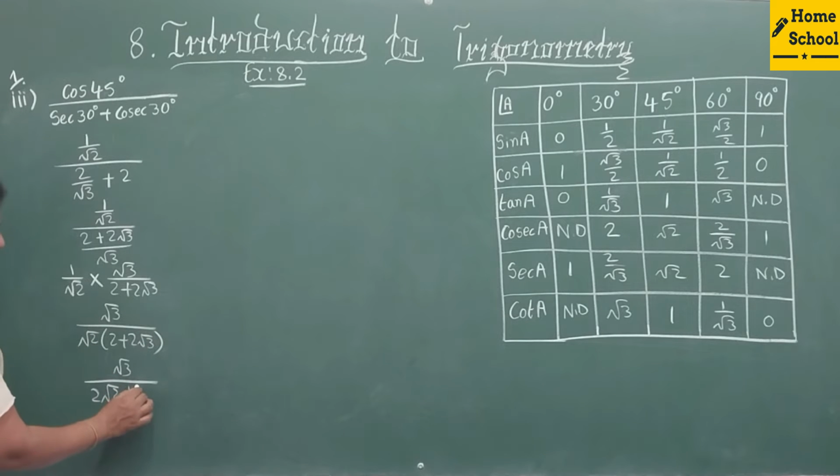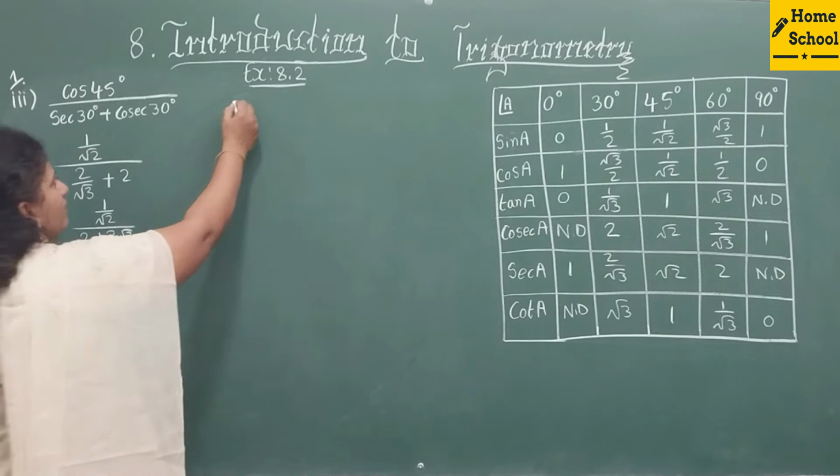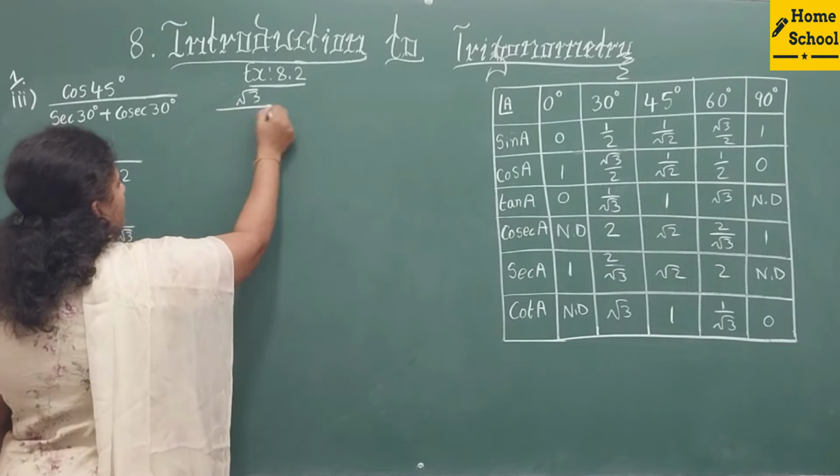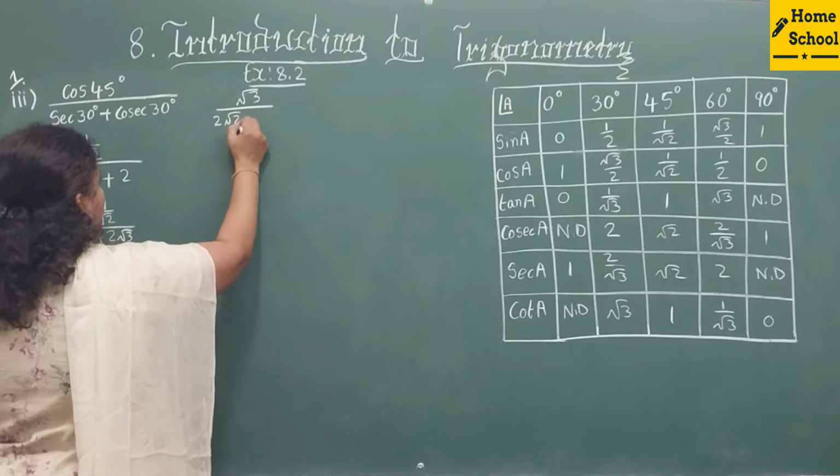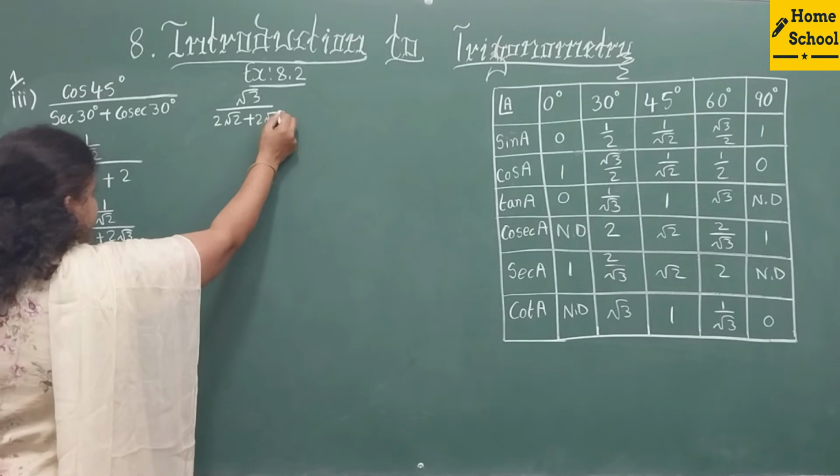So number multiply, 2 into 1 is 2. Root 2 into root 3 is root 6. Okay, root 3 by 2 root 2 plus 2 root 6. Next step.